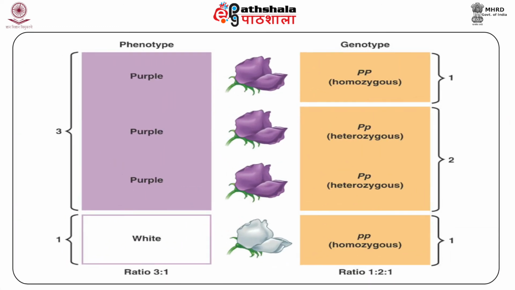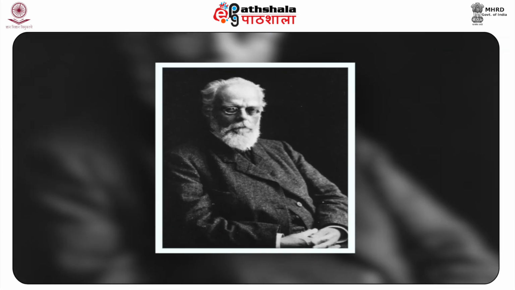This genotype-phenotype distinction was proposed by Wilhelm Johannsen in 1911 to make clear the difference between an organism's heredity and what that heredity produces. The distinction is similar to that proposed by August Weismann, who distinguished between germ plasm or heredity and somatic cells of the body.